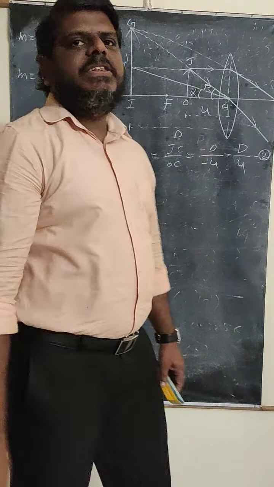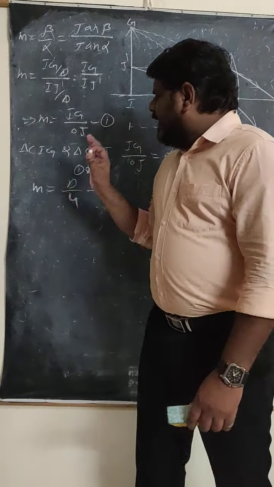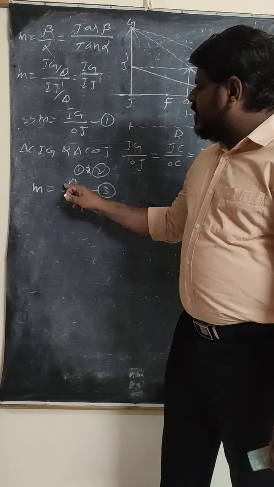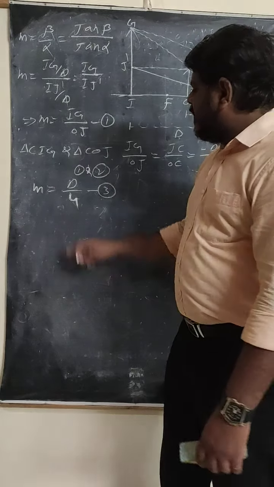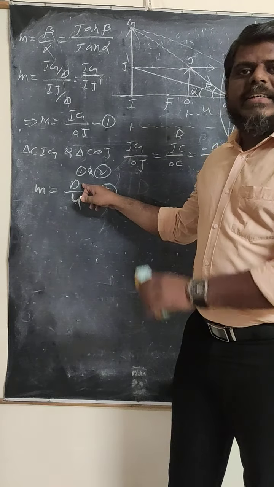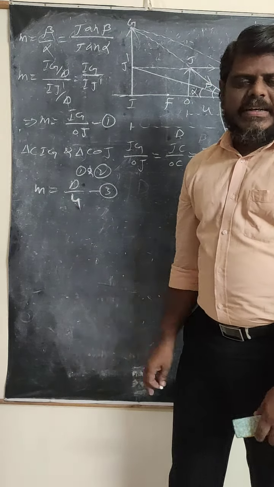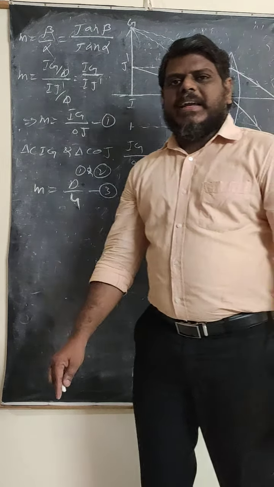This is the general magnification of the simple microscope. M is equal to D by U. And you know the terms. What does D represent here? The least distance of distinct vision. And what does U represent here? The object distance. Okay, this is the magnification.